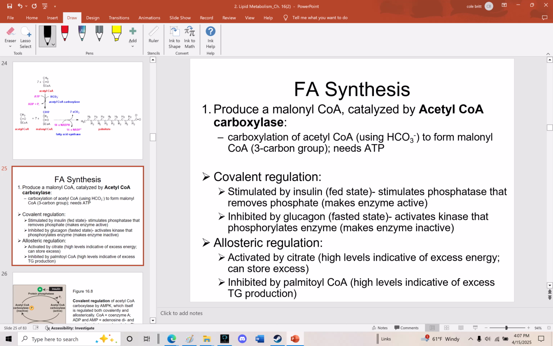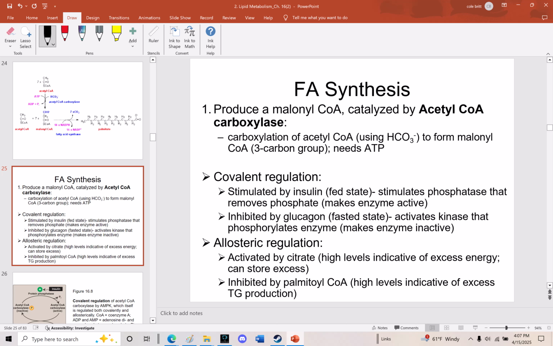Kinase phosphorylates enzymes, and when you phosphorylate acetyl-CoA carboxylase, you make it inactive. That's covalent regulation. So we're either phosphorylating or dephosphorylating it. In this case, dephosphorylating it makes it active, and that's what insulin does, or insulin activates that pathway.